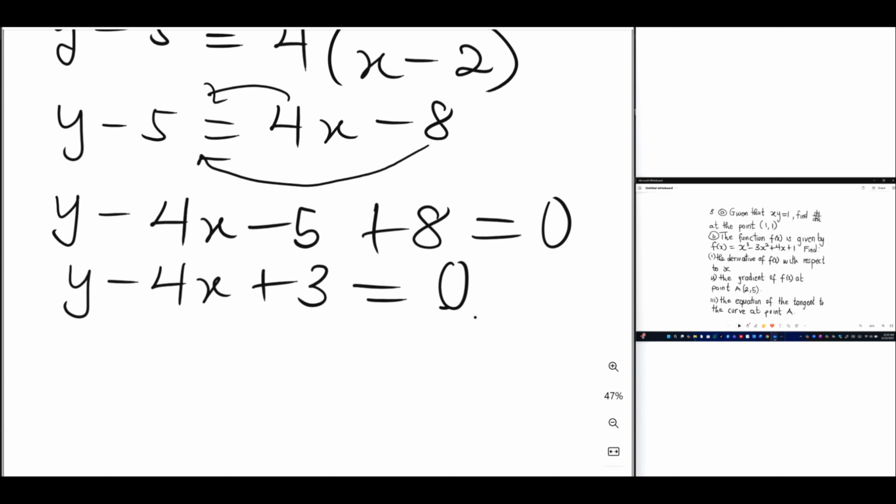Then you pick the coordinate of the point where the tangent touches the curve to be one of the points on the tangent as well. So you pick the x component to be your x1, y component to be your y1. Then you plug those values into the equation of a straight line formula. So the formula for finding the equation of a straight line, y minus y1 equal to the gradient multiply x minus x1.